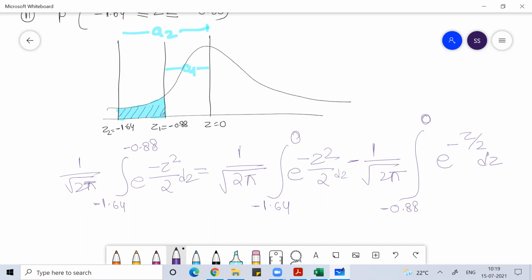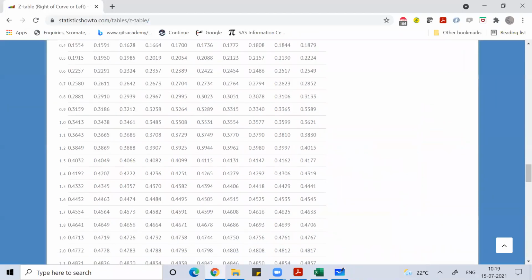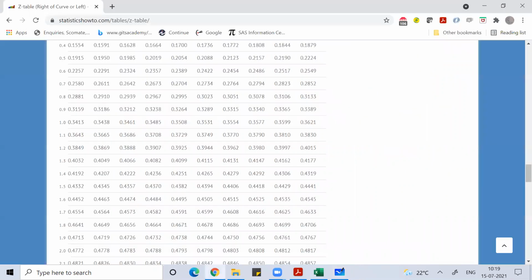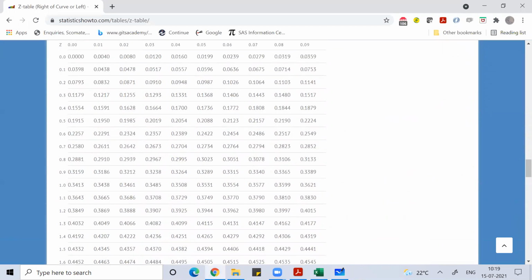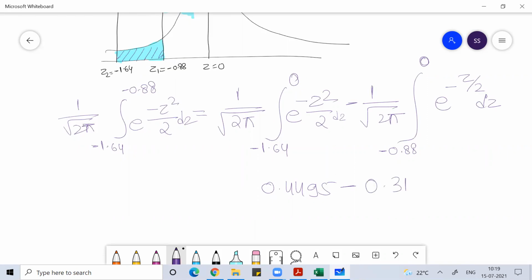Clear, everyone? So find the value from 0 to minus 1.64. For 1.64, the table value is 0.4495. Then minus the value for 0.88, which is 0.3106.